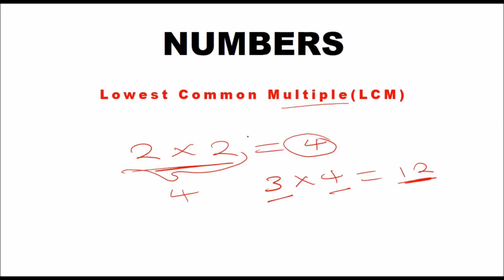So that is the concept of multiple. We are going to look for the lowest common multiple. For example, we will be given the numbers 3 and 4, and we have to look for the lowest common multiple. Lowest means it must be the smallest one. You will find the multiples of 3 and the multiples of 4.